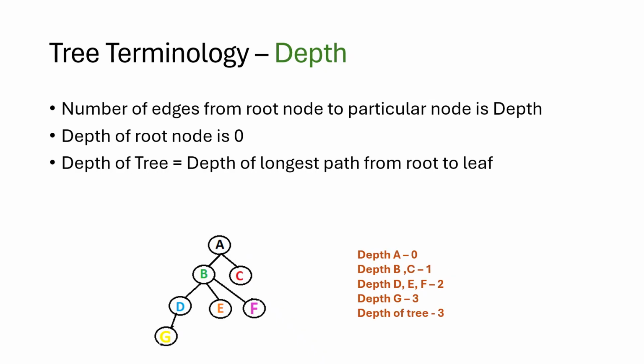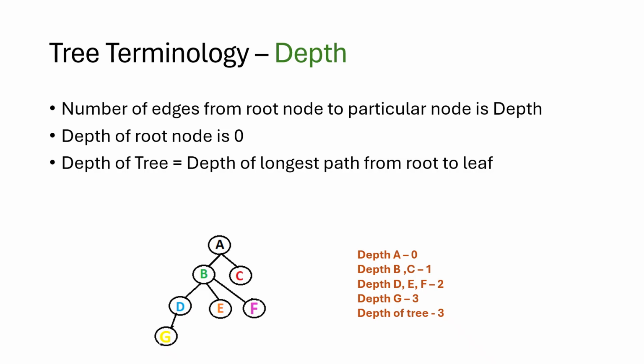Next one is depth. Where height we started from the root node to the leaf node, depth means leaf node to the root node. That's the opposite of the height. So for G, going to the root node is 1, 2, 3. So depth of G is 3. For D, E, F it is 2: for E, E to B is 1 and B to A is 2.